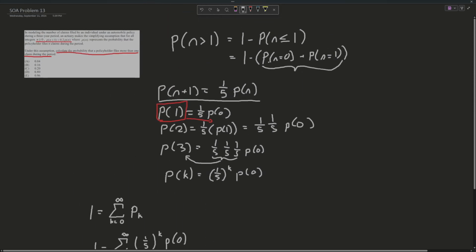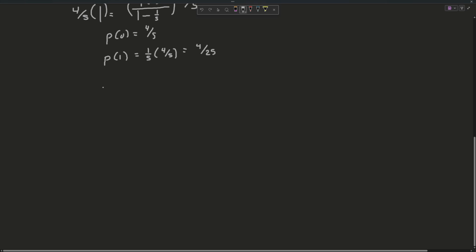So going back up here, our p, let's have this lowercase just to keep everything the same, greater than 1 is equal to 1 minus, and we have our 4/5 plus our 4/25.